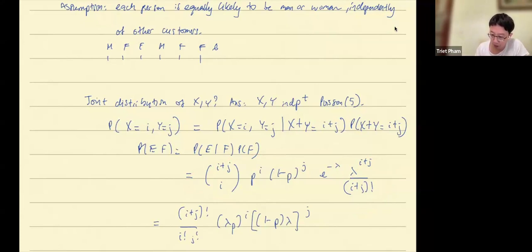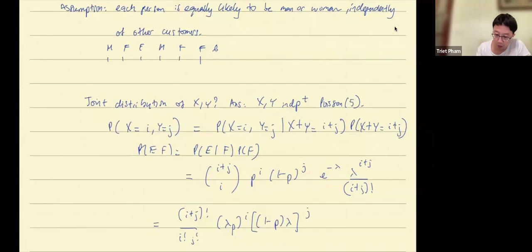And what's more, e to minus lambda here will be split into e to minus lambda P and e to minus lambda 1 minus P. All right, like that.